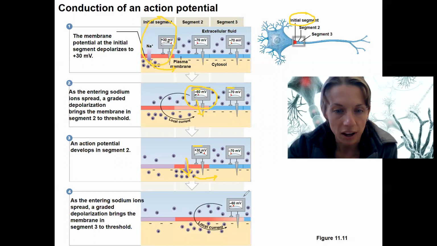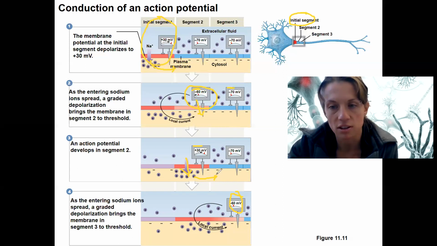So here we've got minus 60, and then ultimately, eventually, plus 30. Boom, all or nothing. And this is not a question of does this reach the threshold or not. Because the axon is so thin, this current is enough to cause the adjacent membrane to depolarize to threshold, period. Okay, so that's how an action potential moves down the axon.